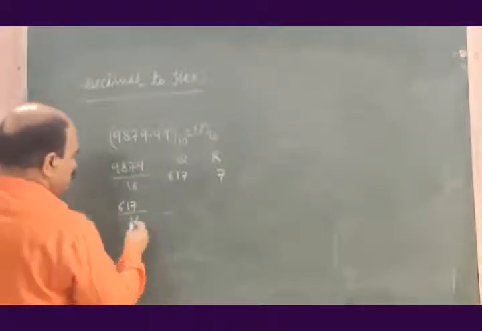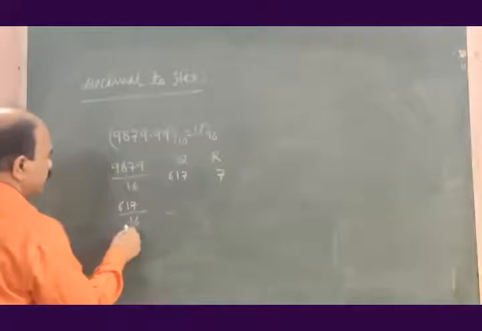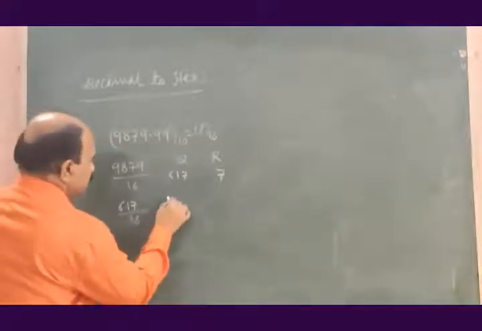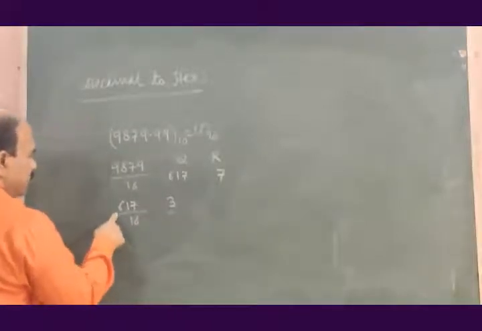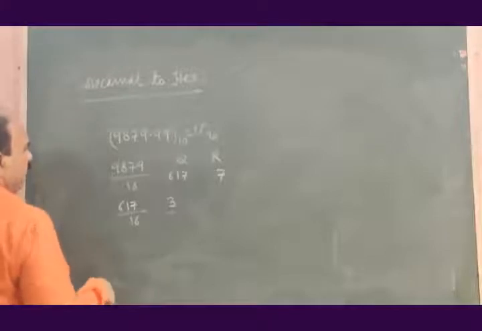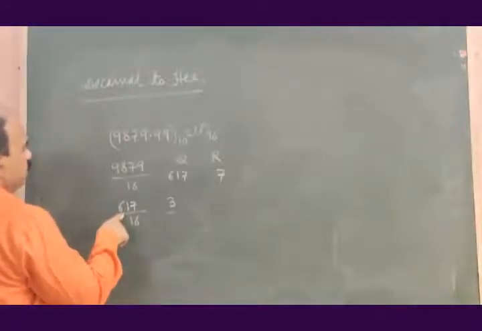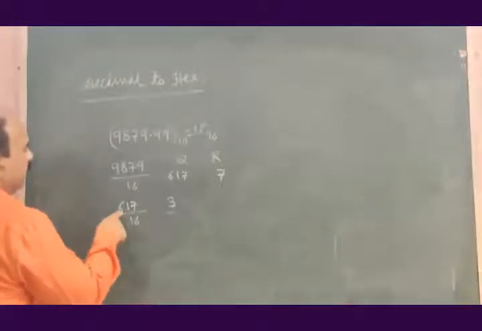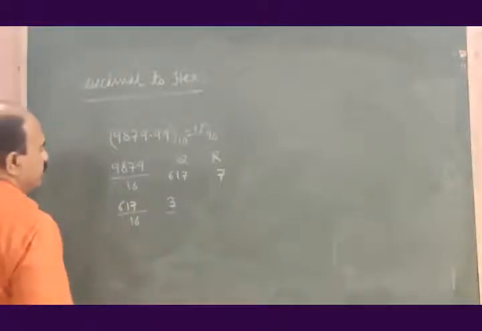Right. Now this one. 16 3s are 48. 48, 2 and 11, 13, 137.